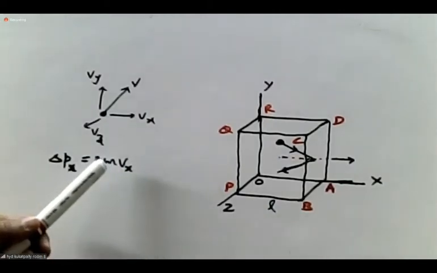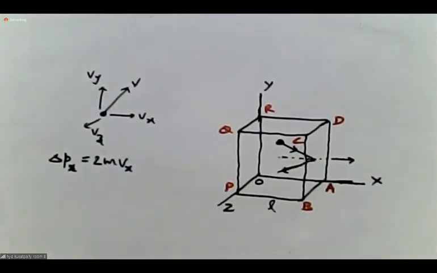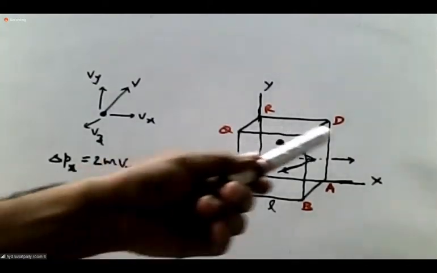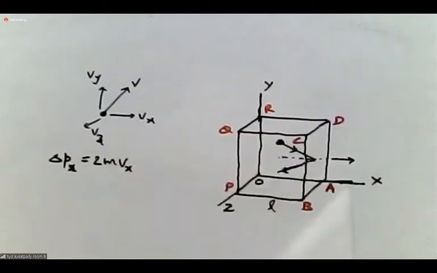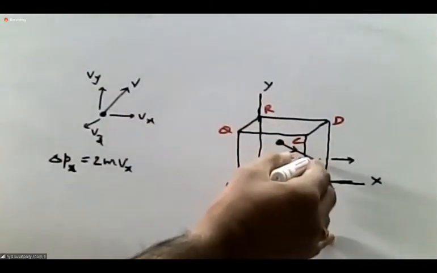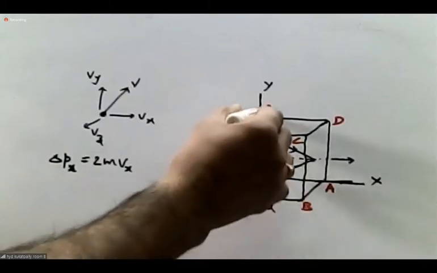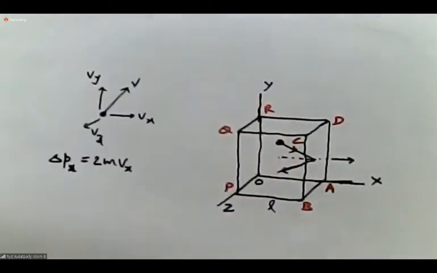Change in momentum of a molecule. So due to this, it offers a force on the ABCD surface like this. Now, after collision, the molecule straight away goes and hits the surface OPQR.